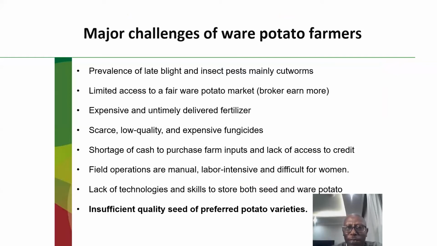Shortage of cash to purchase farm inputs and lack of access to credit and other financial services. Field operations are manual, labor intensive and difficult, particularly for women, and lack of technologies and skills to store both seed and ware potatoes, and majorly insufficient seed of improved varieties. That's the reason why in a number of districts, farmers are still growing local cultivars.